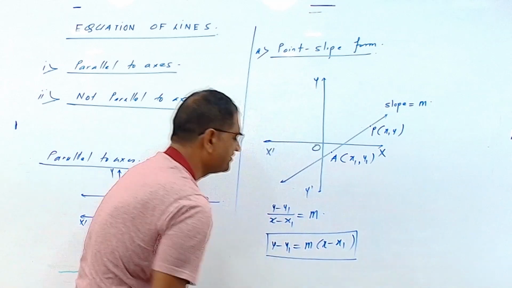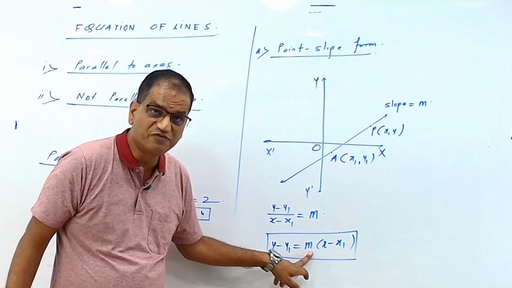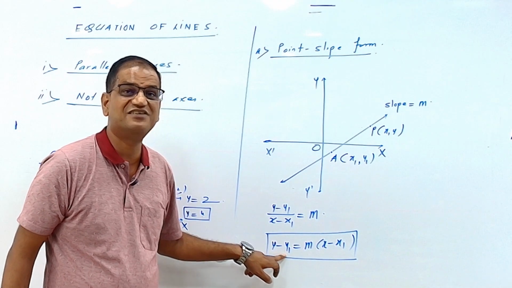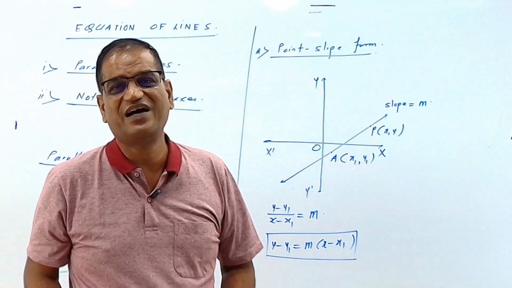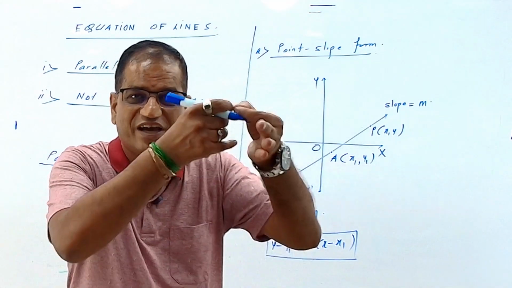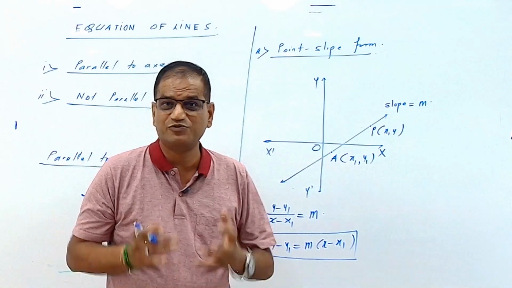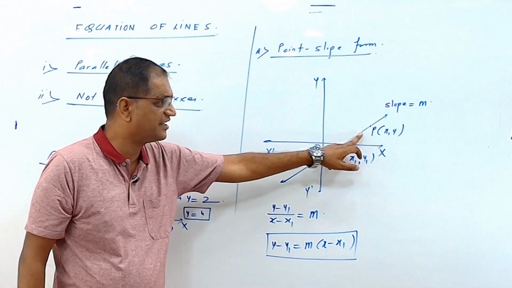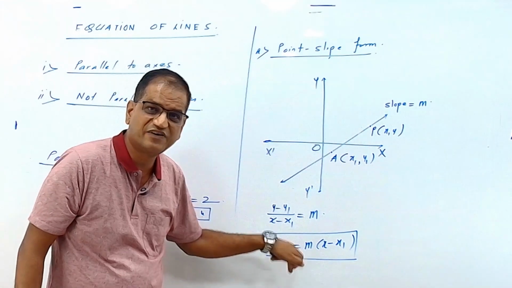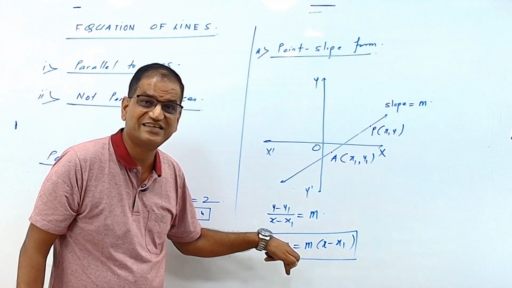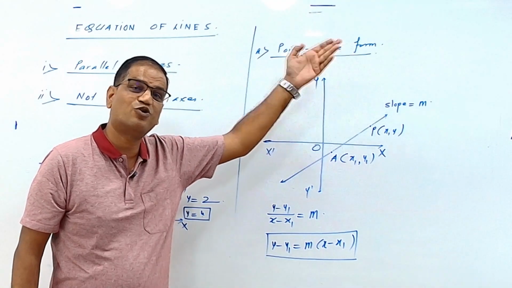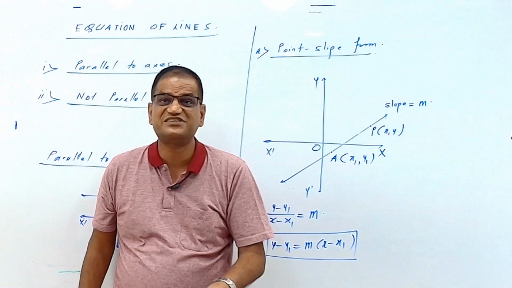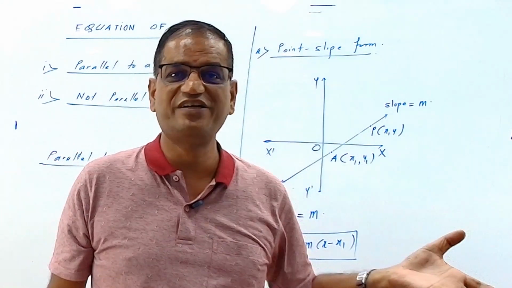Where m is the slope of the line, x1 comma y1 are the coordinates of the point which is given on the line, and of course x comma y are the variable coordinates of any point on the line. The meaning to say is that if this is the equation and any point lies on this line, then the coordinates of that point will satisfy the equation of the line. You can replace x and y by those coordinates, and those coordinates will satisfy the equation. So this equation is nothing but the algebraic representation of the locus. You got my point? Make a note of this.